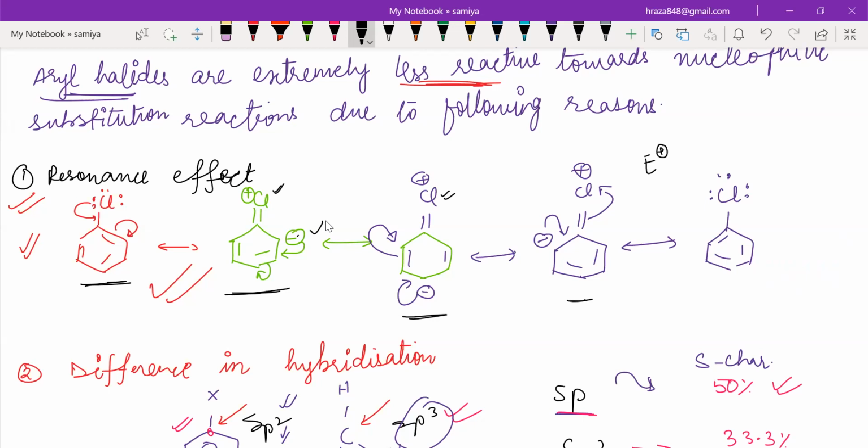So where will the electrophile attack? At the position where an electron rich species is present. In an electrophilic substitution reaction, basically the electrophile will attack. So what does electrophile mean?